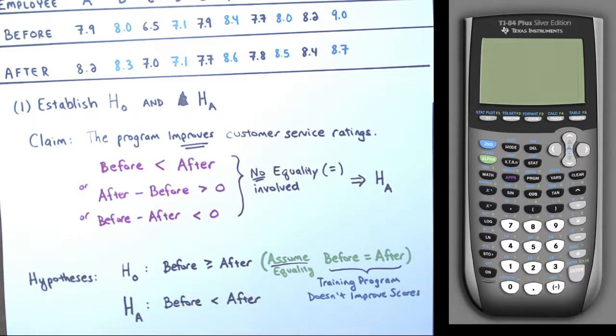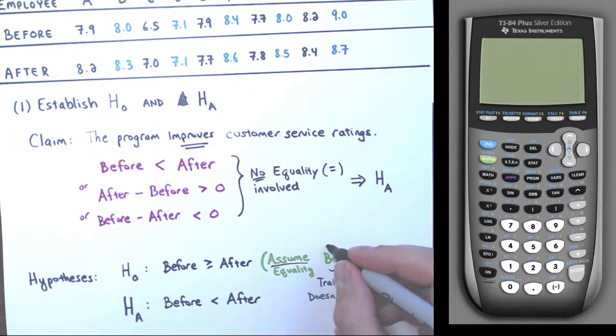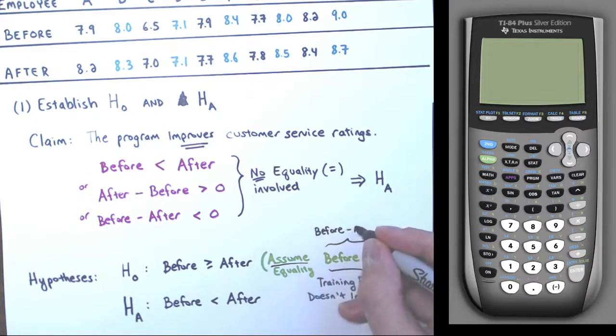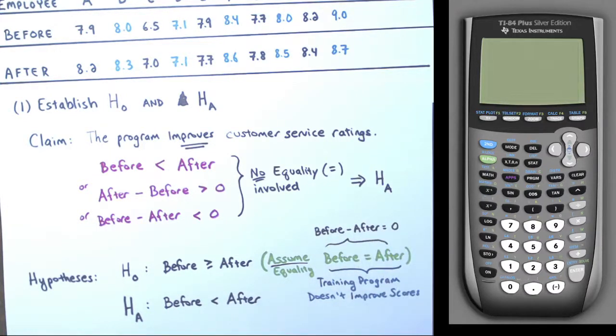We are assuming that the null hypothesis is true, and then going through the process of the test. So again, another way of writing this is that maybe the before minus the after scores are equal to 0, or after minus before are equal to 0. All right. So that was step 1.